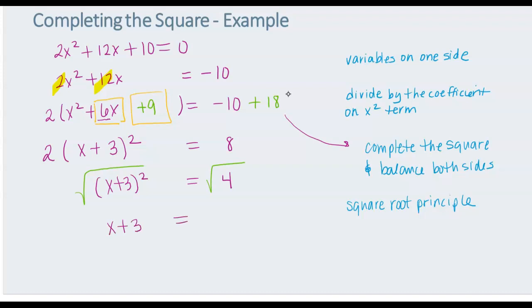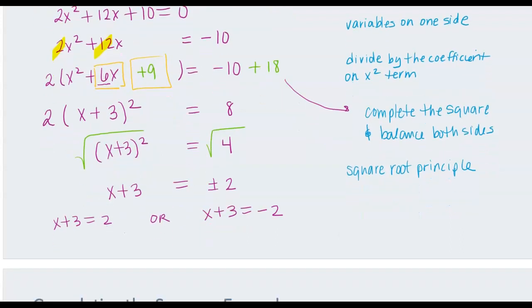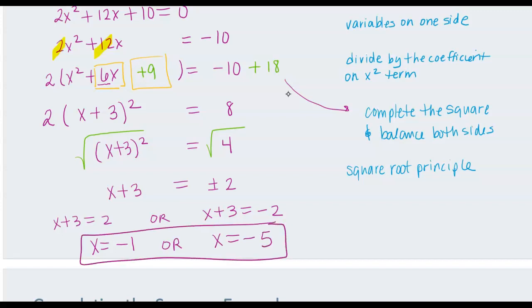And when I take the square root of 4, I have two options, either plus 2 or minus 2. So x plus 3 is either equal to 2 or x plus 3 is equal to negative 2. That gives me x equals negative 1 or x equals negative 5. Again, I end up with two solutions, and that matches up with the fact that I had something raised to the second power originally.